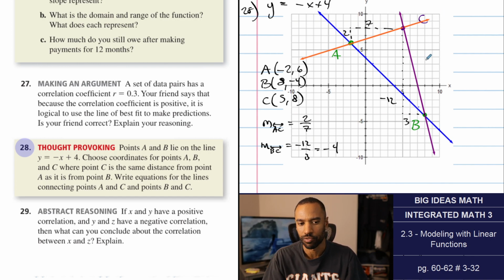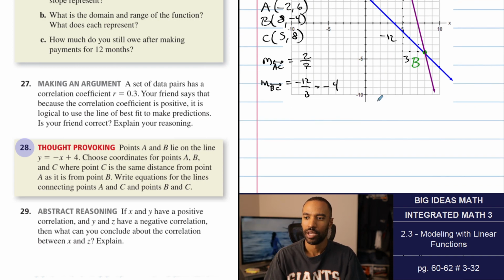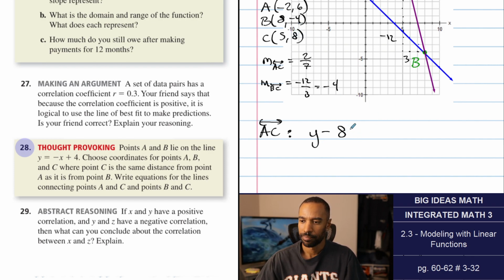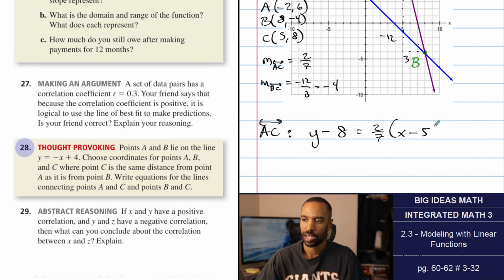It says write equations for the lines connecting them. Okay, I just want to make sure that's all we're doing. So I'm just going to keep it in point slope form. For line AC, it's going to be y minus, and my y1 is going to be 8, equals m times x minus x1 right there.